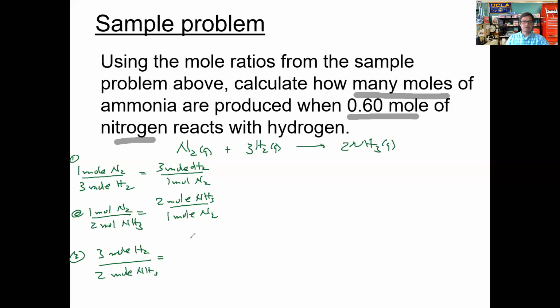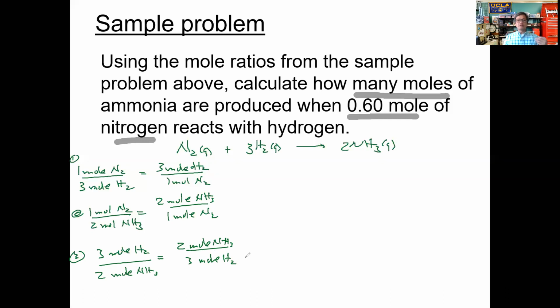And the second ratio from that one, 2 moles of ammonia, and 3 moles of hydrogen. So those are the 3 different mole ratios that we can come up with from the balanced equation.